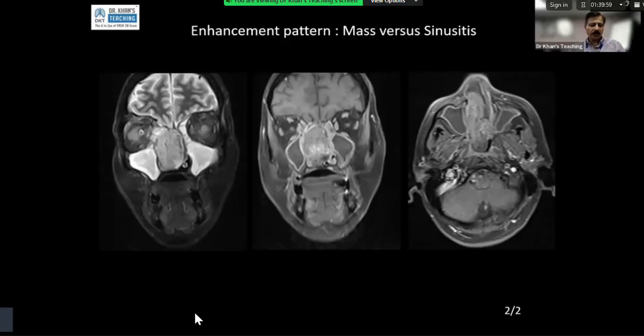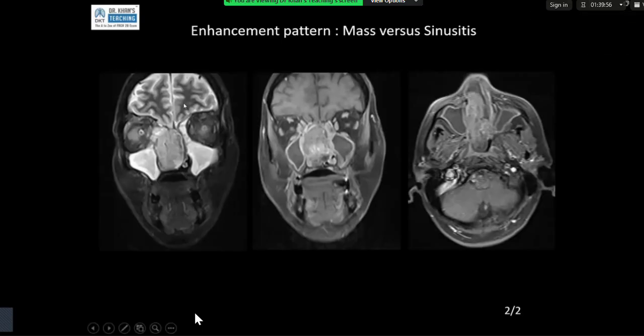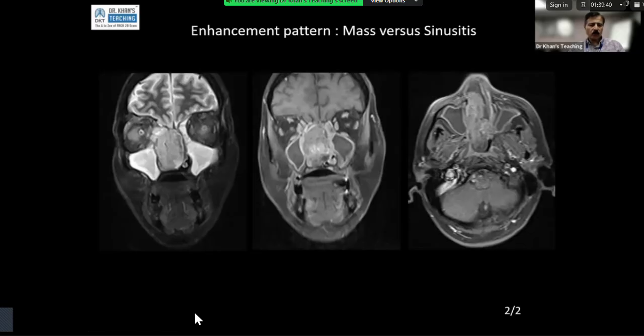Okay, so if you see here, this is a STIR sagittal sequence. In head and neck, we do STIRs. This is a T1 fat saturated post contrast, T1 fat saturated axial post contrast. You know, the classical protocols which we use in head and neck, we use STIR because STIR by definition has got fat saturation.